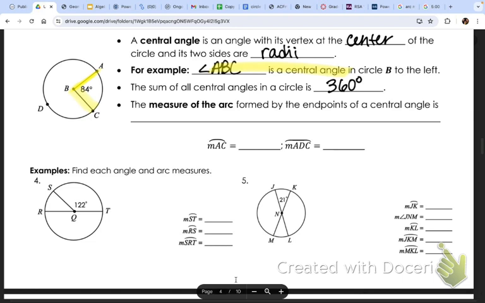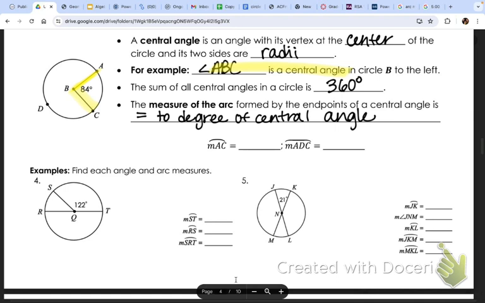To measure the arc formed by the endpoints of a central angle, it is equal to the degree of the central angle. So angle measure, obviously, you guys are familiar with. What's a little bit unfamiliar is probably what you see here, where it's got that arc symbol over it instead of angles.